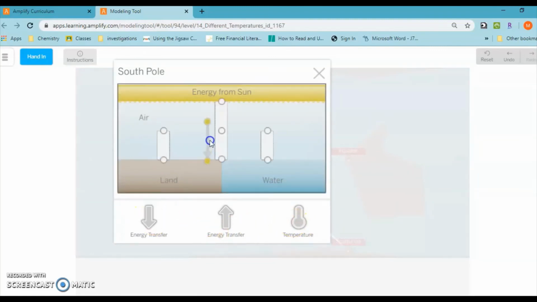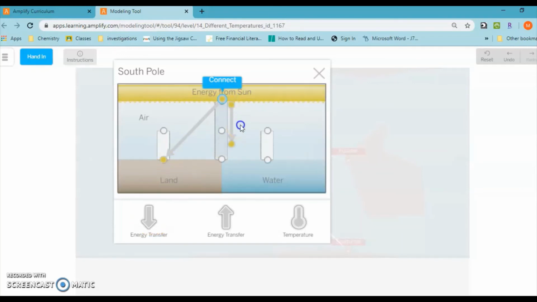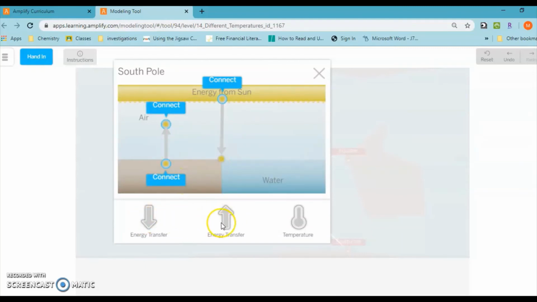And we know that energy from the sun is going to be what connects to... I wonder if I can do that. No, this is moving at an angle. Nope, I can't do it. So, we know that energy is being transferred from the land to the air and from water to the air.